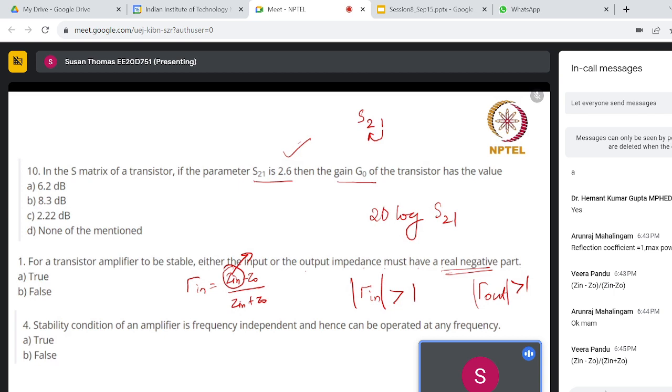So let us come back to our question once again. For a transistor amplifier to be stable, either input or output impedance must have a real negative part. Is it true or false? False. False.